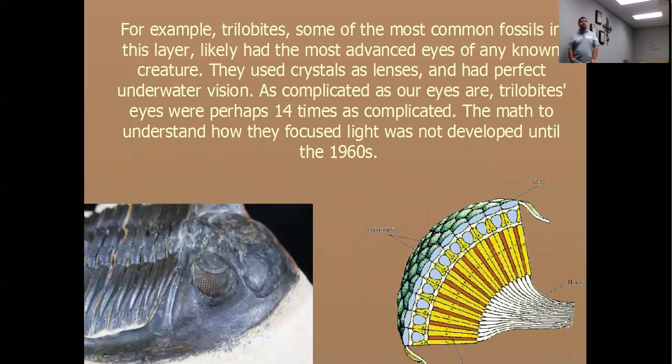Like the trilobite. Now that might seem like an oversized ocean bug, but he had eyesight 14 times as complicated as a human's eyesight. They actually used crystals to refract light to create a perfect underwater vision. And by the way, most trilobites had eyes, right? Very, very few of them had no eyes.